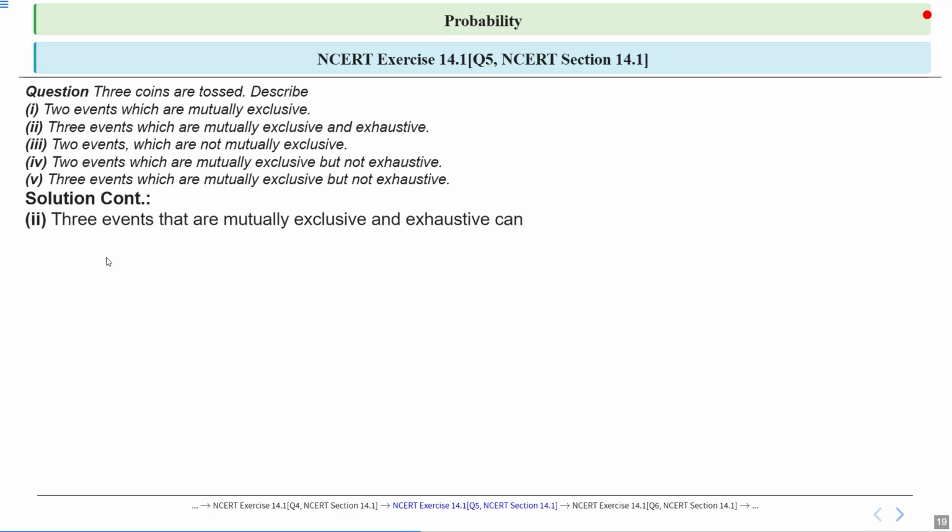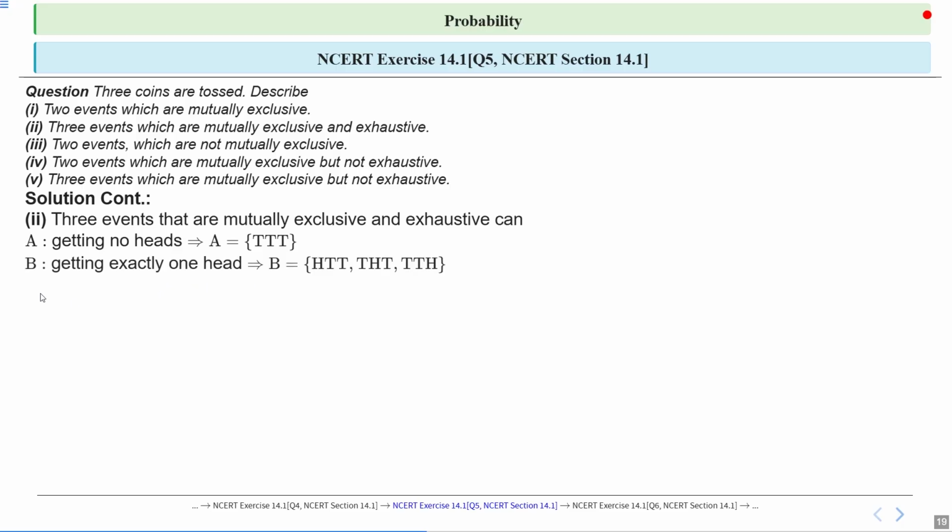Now, three events that are mutually exclusive and exhaustive. Take the event A, getting no heads, so event A describes the set TTT. Event B, getting exactly 1 head, describes the set HTT, THT, TTH. And C, getting at least 2 heads, denotes the set HHH, HHT, HTH, and THH.